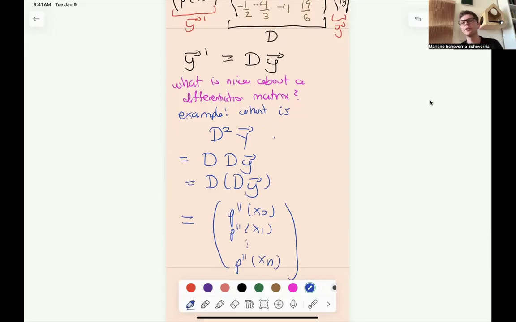So the point of having the differentiation matrix is that once you start taking powers of it, you can easily find all the other derivatives of the polynomial.